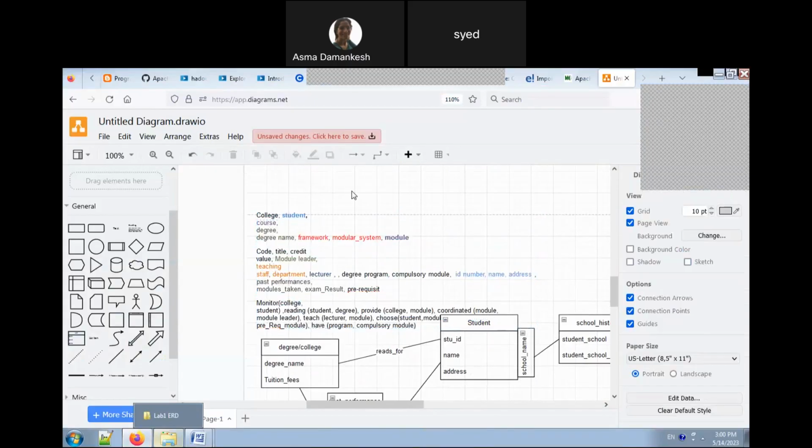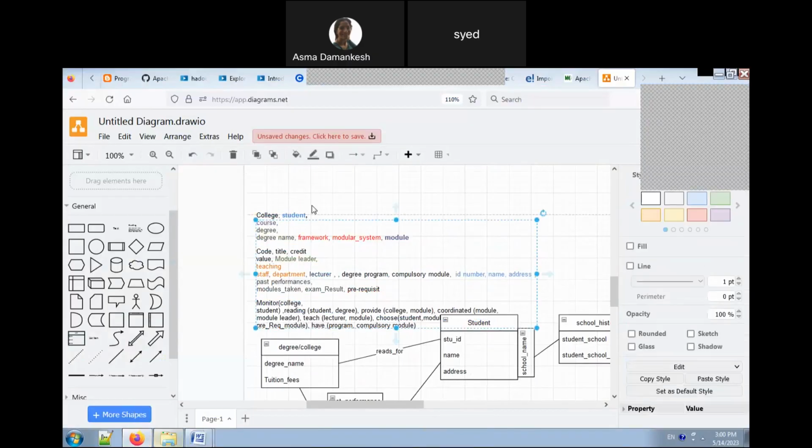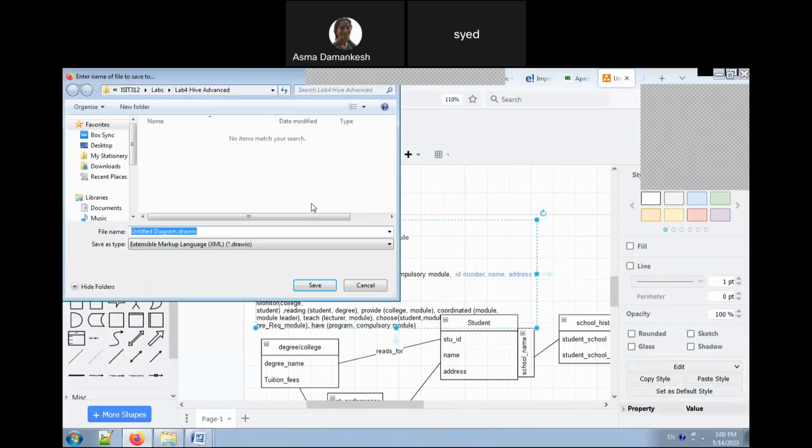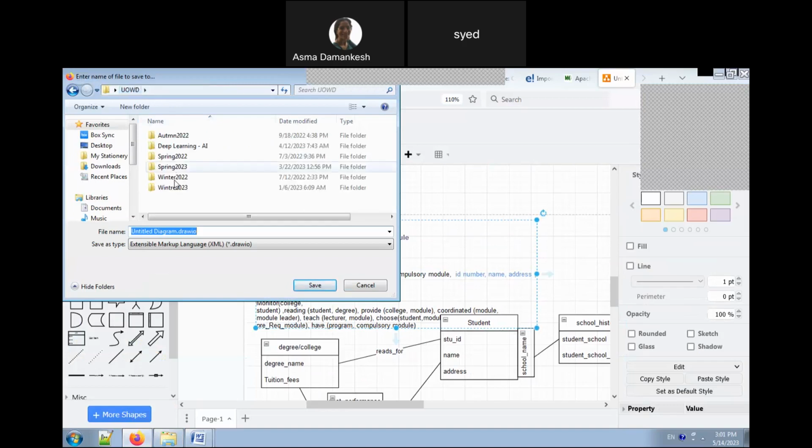Miss, can you also zoom out a bit? Let me save this, then I'll send this to you later. Come on, Control S. Does it work here?